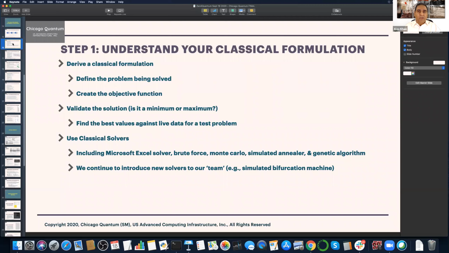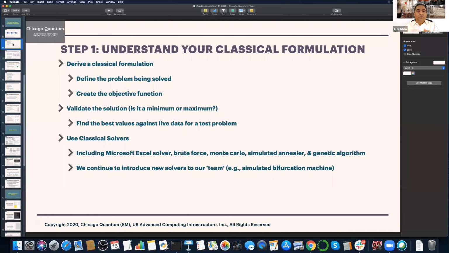In our case, we had the Sharpe ratio. We had to literally go back to our finance books and re-understand. It's like learning to walk again. Re-understand what the Sharpe ratio really is. You have to get to the math. And I will say that the Sharpe ratio is a much easier formulation than a lot of real world problems.